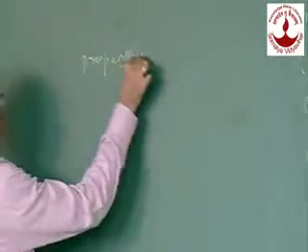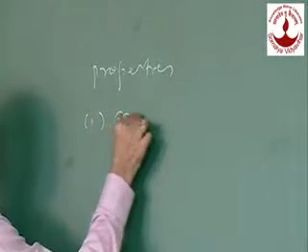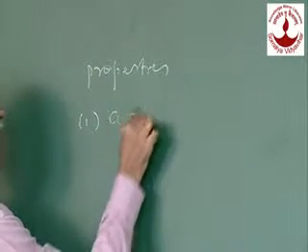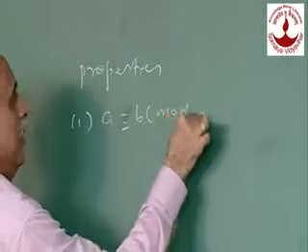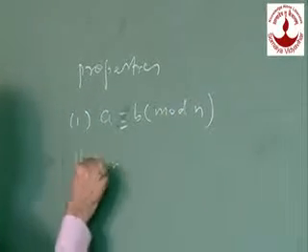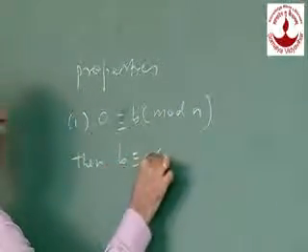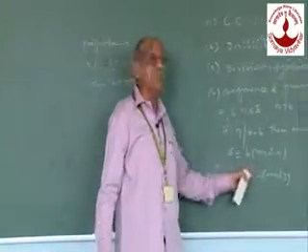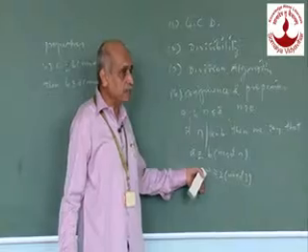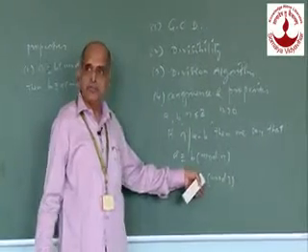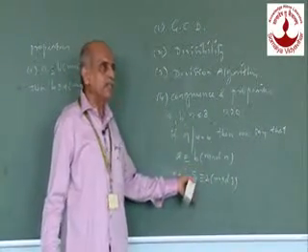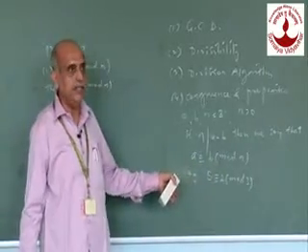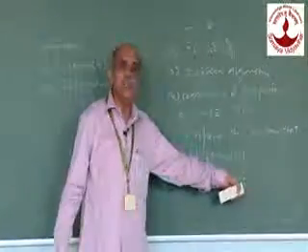First one, if a is congruent to b modulo n, then b is also congruent to a modulo n. For example, if you alter this, in place of 5 you write 2, in place of 2 you write 5, and if you subtract, the difference will come out to be minus 3, and that minus 3 is also divisible by 3.